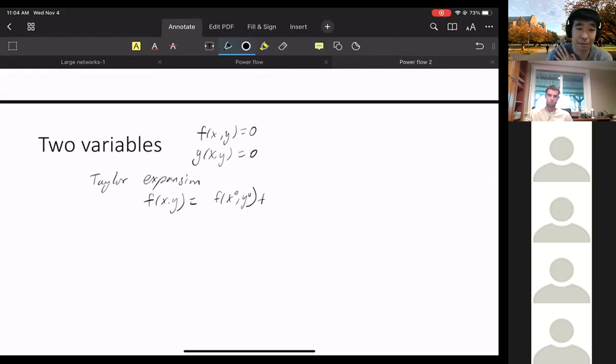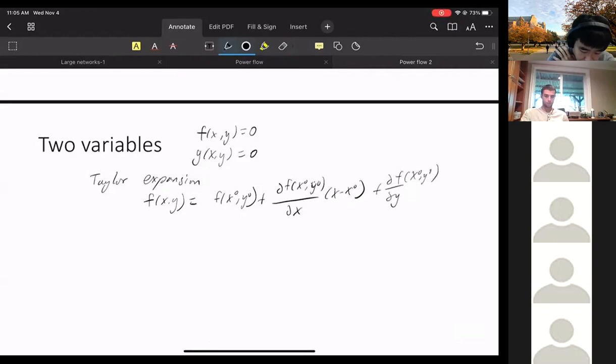You have two variables, so the first is the partial with respect to x, times x minus x0. That's your first term. Then you take a partial with respect to y, since you have two things that can change, x and y, plus the higher order terms. That's our Taylor expansion for the two variable case.